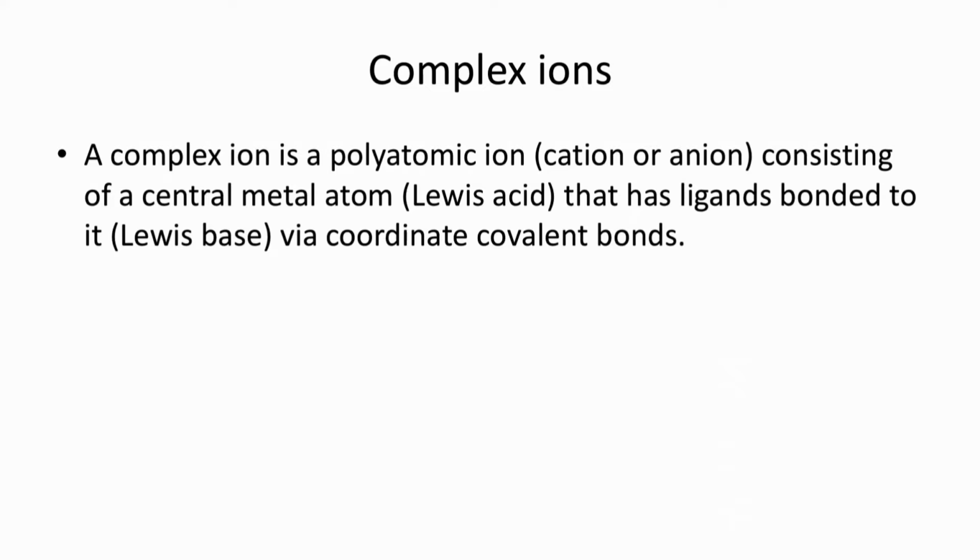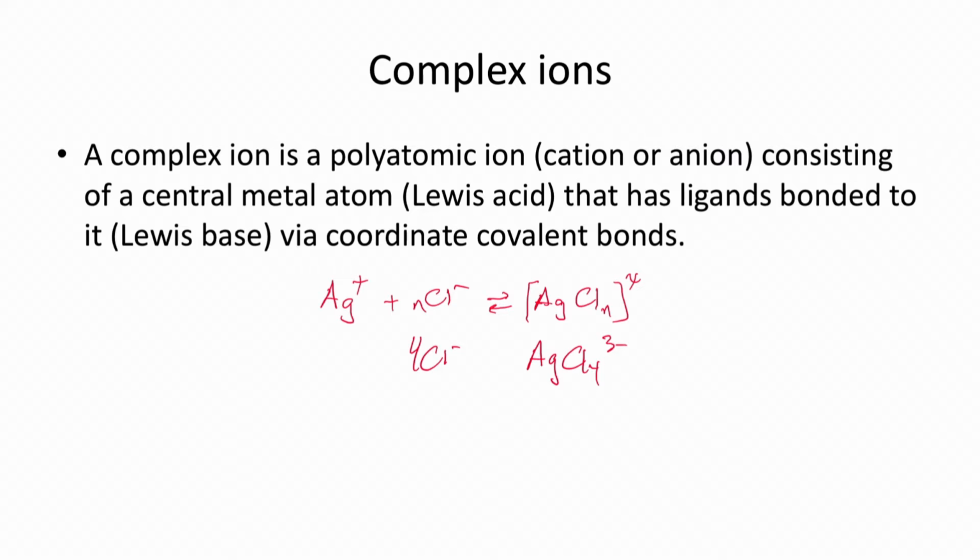We're forming complex ions. At super high concentrations, the silver ions can react with n of these chloride ions and form some kind of equilibrium to have AgCl_n, and then the whole thing has a certain charge associated with it. For example, maybe I have 4 chloride ions, so it might form AgCl4 with a charge of minus 3, just as an example.